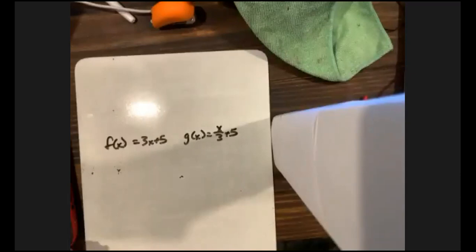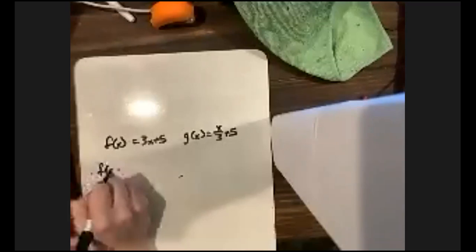So here we go. We've got these two. So first thing is I'm going to do f of x over 3 plus 5, and then it's going to be 3 plus 5, and then I've got another plus 5 at the back.